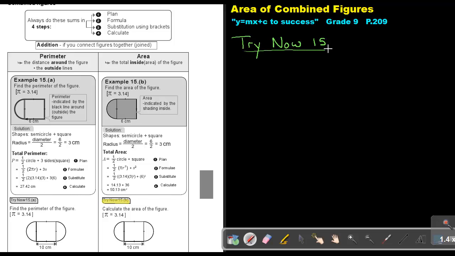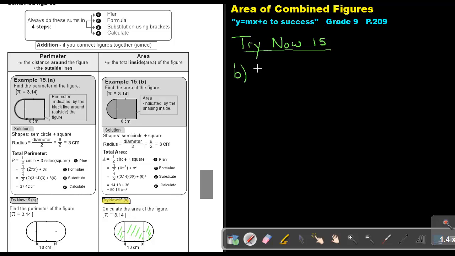Okay, let's look at number B. Calculate the area of the figures. Now, if I look at this one, look, this is a half circle and this is another half circle. So if I add it up, it will be one full circle. And this is a square.